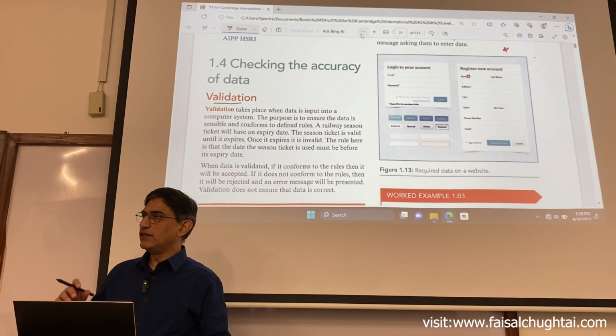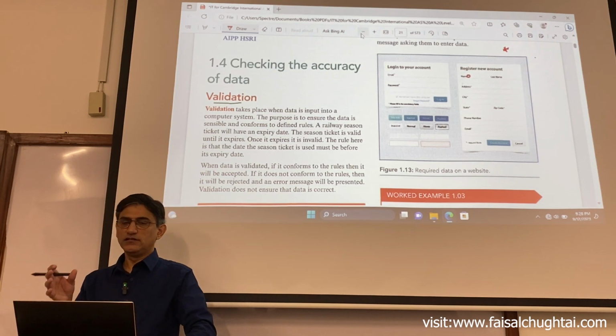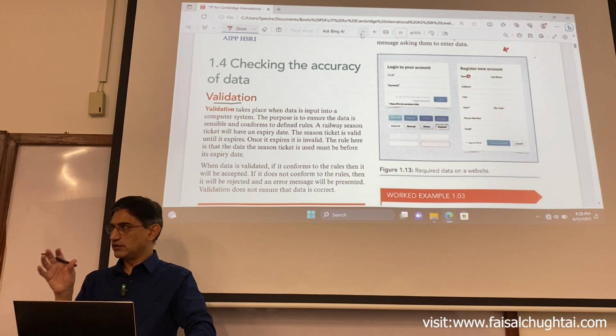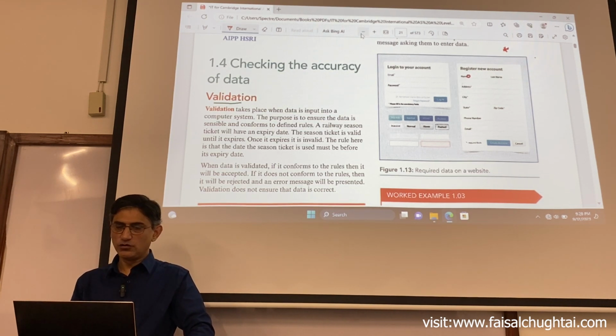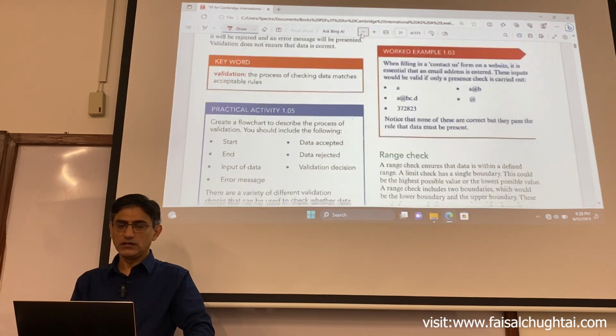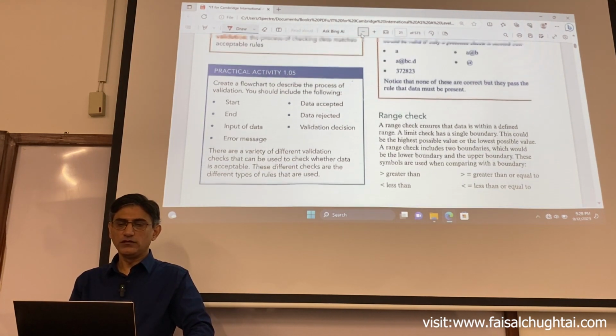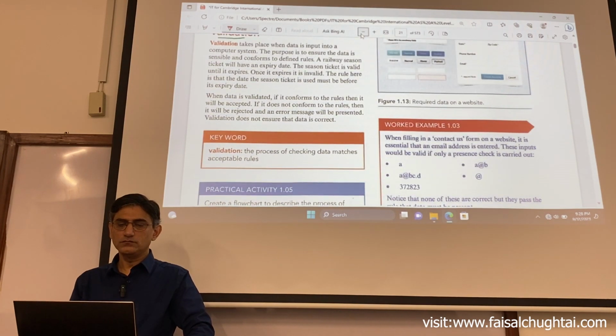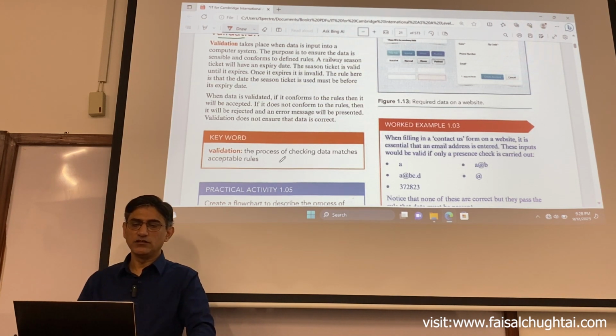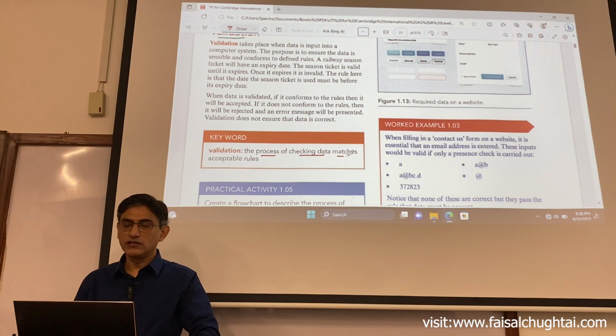There are a number of validation rules that we need to study in this particular course, and every validation rule has a specific purpose, so we can have a look at them one by one. But before that, let's quickly go over the definition that has been given here. It says validation is the process of checking that data matches acceptable rules.